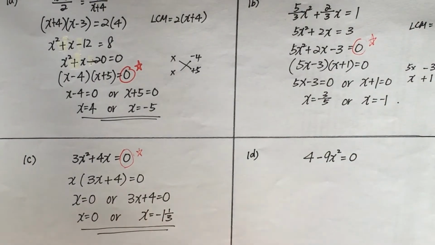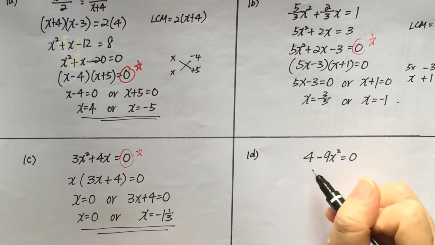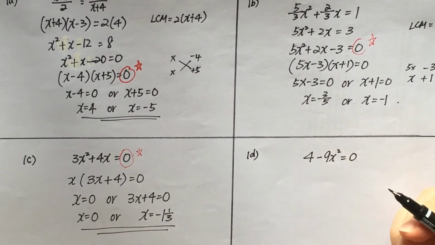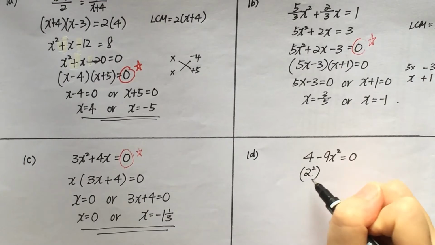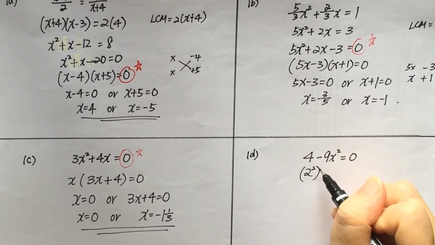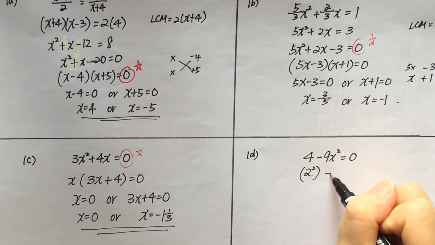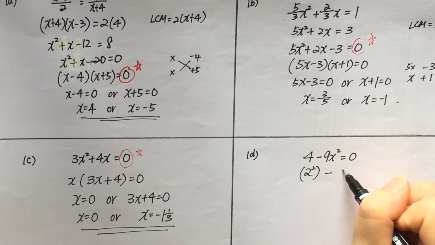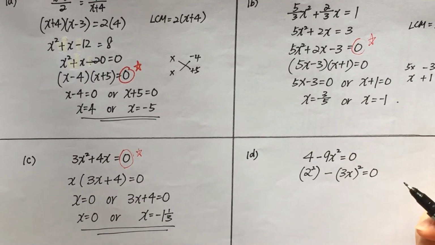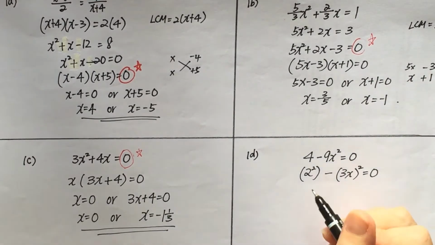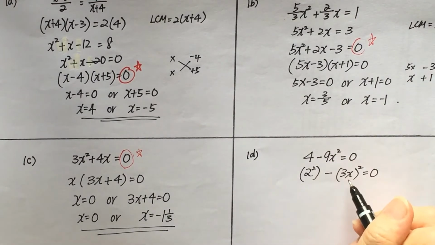Very easy. Okay, next, also two terms. But this is the difference of two squares. 4 is 2 squared, and then this 9x squared, I can put it to be 3x squared. So now I will have a squared minus b squared.